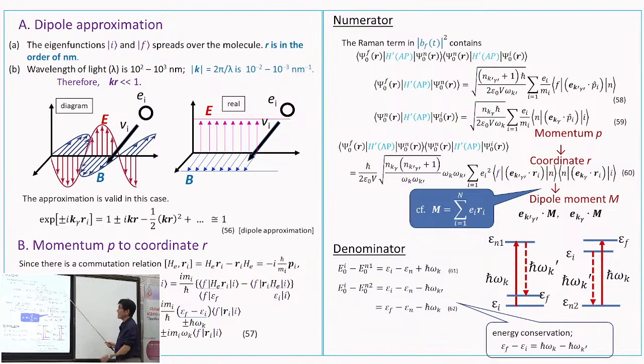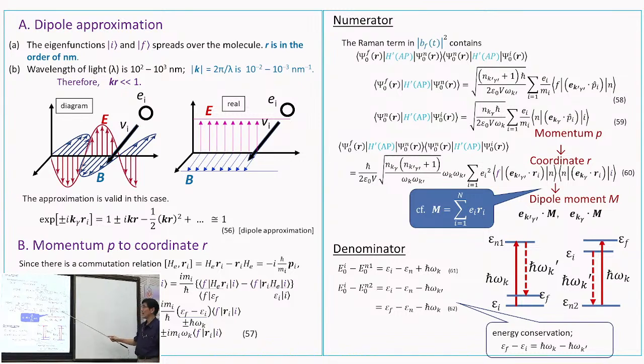At this stage, this integral contains the momentum operator P. Then it's time to apply this convenient relationship to replace the momentum operator P with the coordinate r. So it's possible to replace P with r.